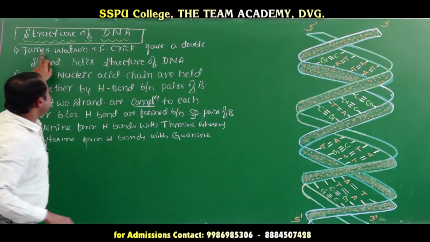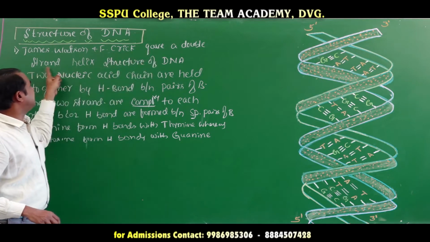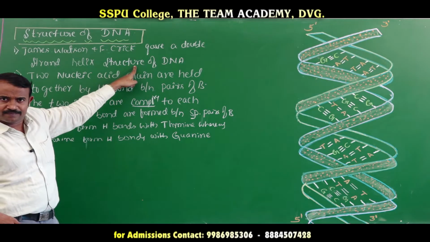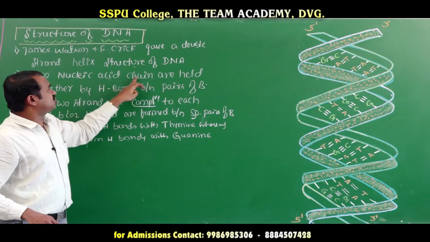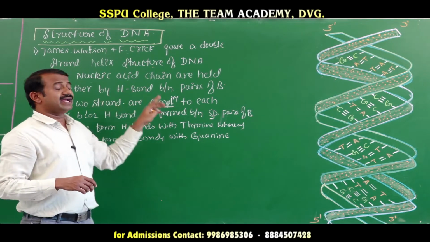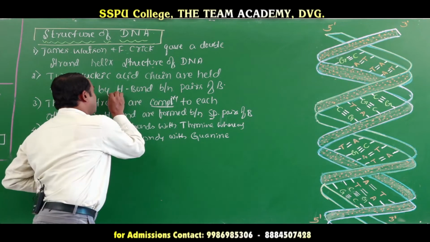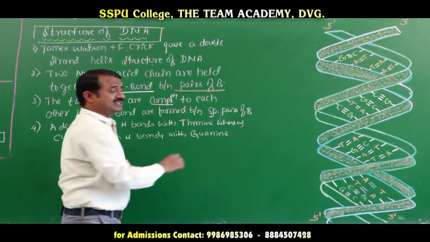First, James Watson and Francis Crick gave the double helical structure of DNA. The two nucleic acid chains are held or wound together by intermolecular hydrogen bonds between the pairs of bases.